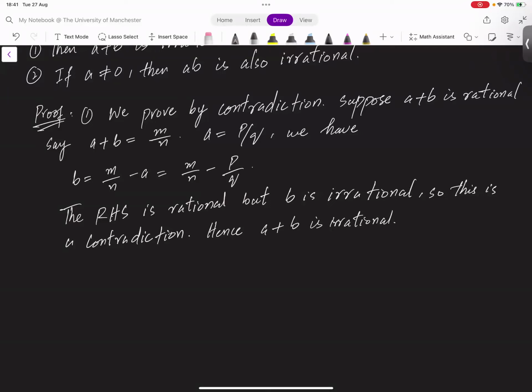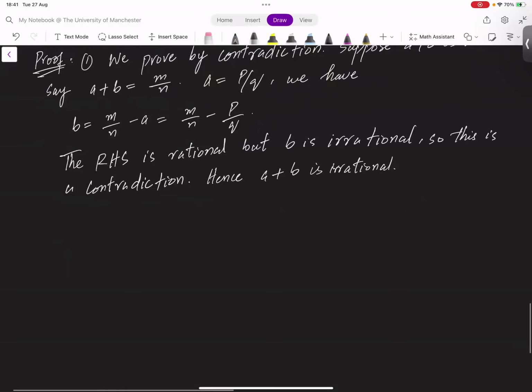And you can prove part 2 similar to part 1.